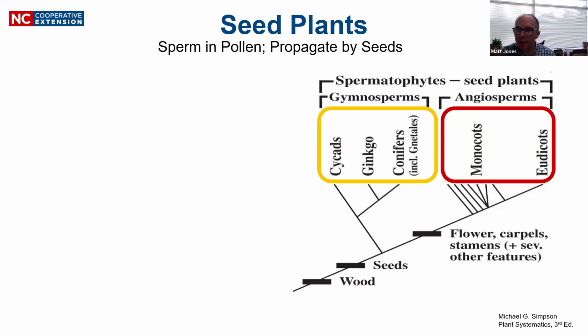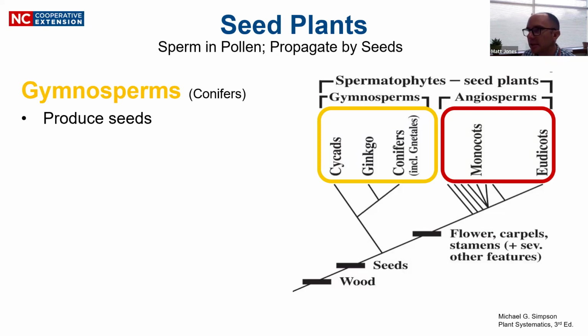Unlike the bryophytes and the monilophytes, they don't release their sperm into the water. Instead, their sperm are contained within pollen, and the pollen is released in different ways. And then instead of releasing their offspring as spores, they release them as seeds. So a seed, as we'll see later, is a much larger subunit.